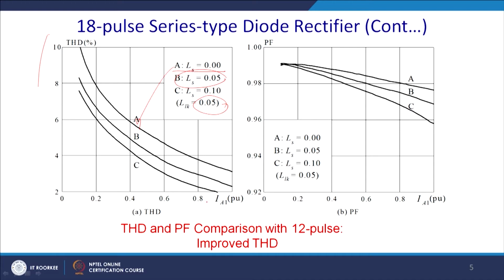So, you can see that you can get less than 2% for a 10% source impedance, though generally it does not occur. But considering 5% source inductance, you can reach well below 3% in the full load condition and thus satisfy your purpose.